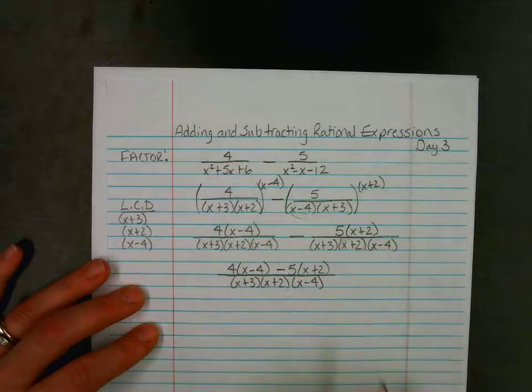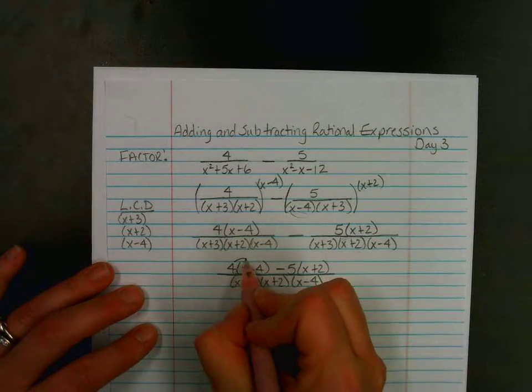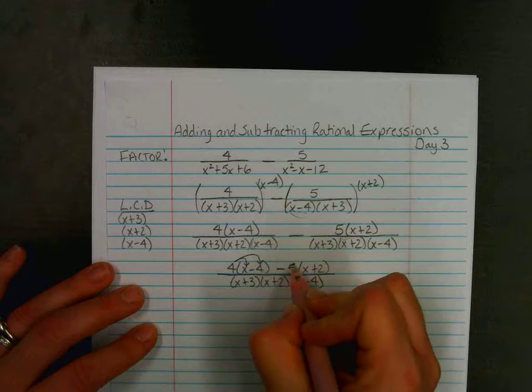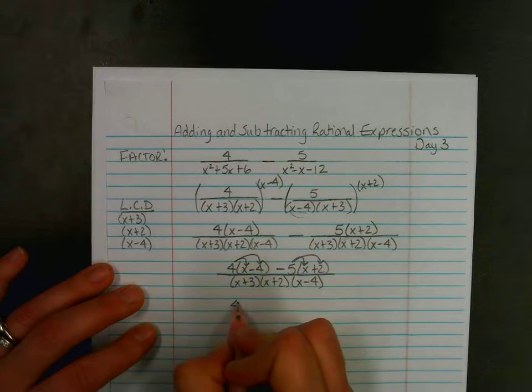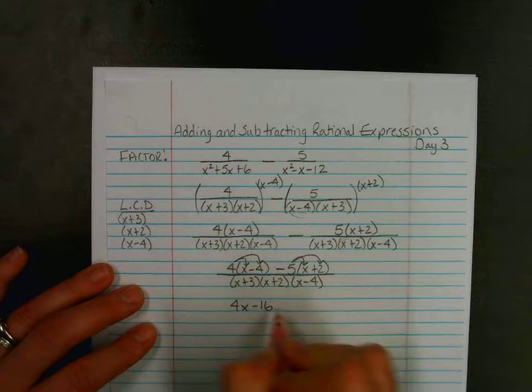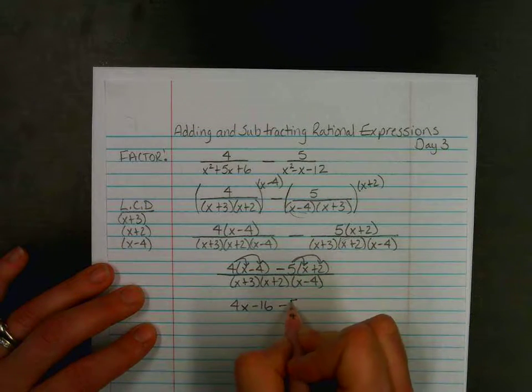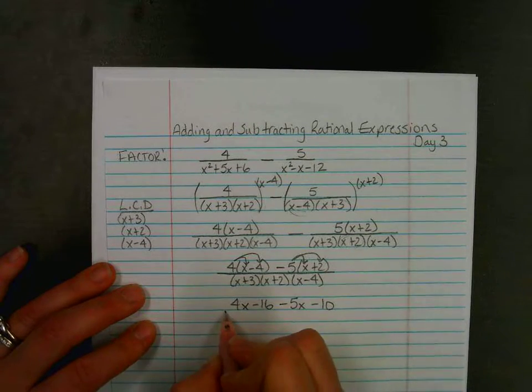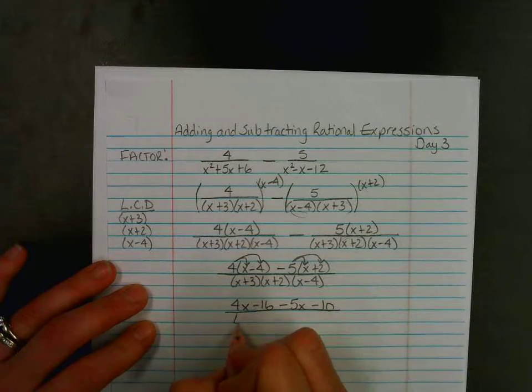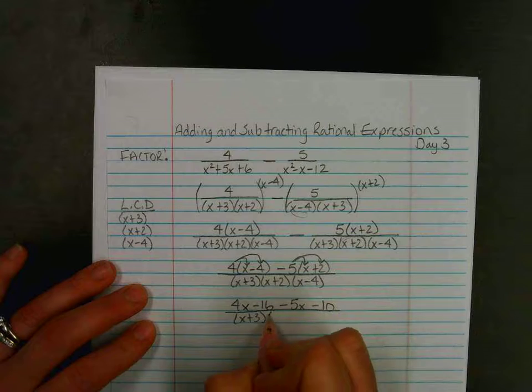Now I want to expand and collect like terms and simplify my numerator. So I get a 4x minus 16 minus a 5x minus 10 all over the same denominator.